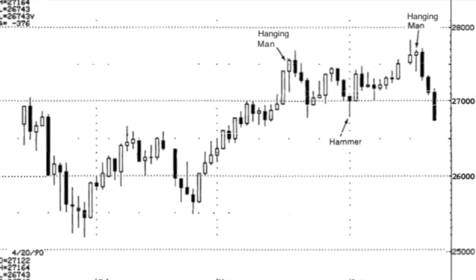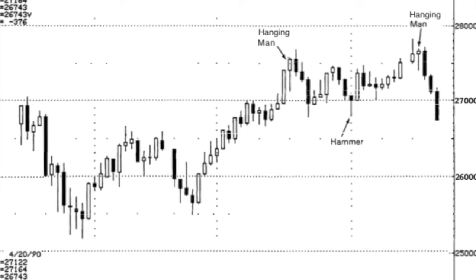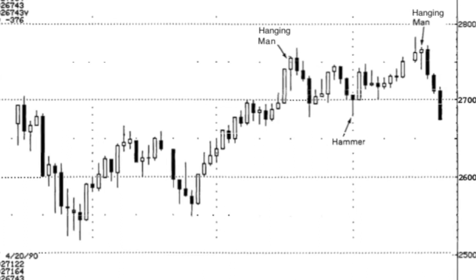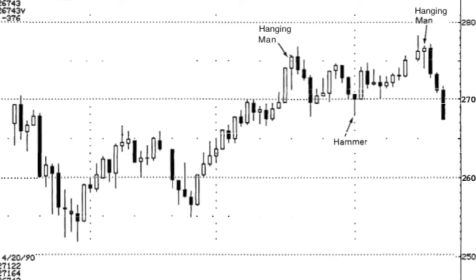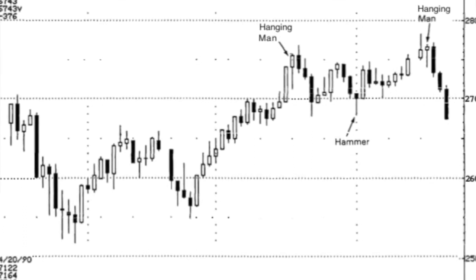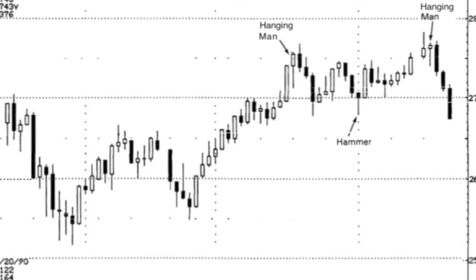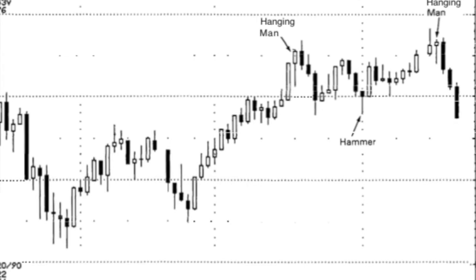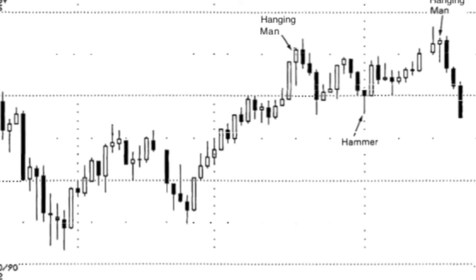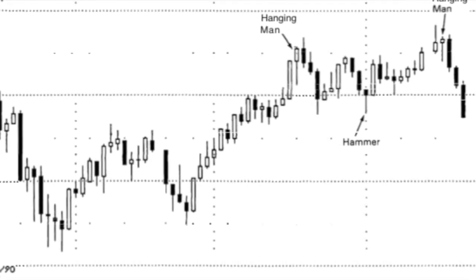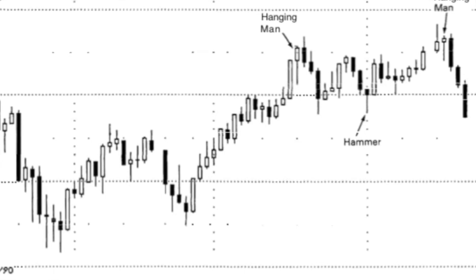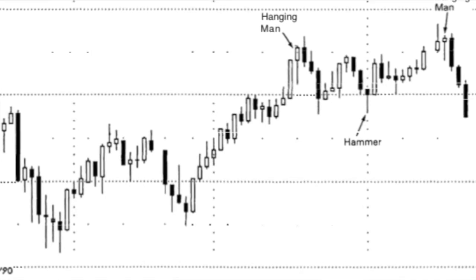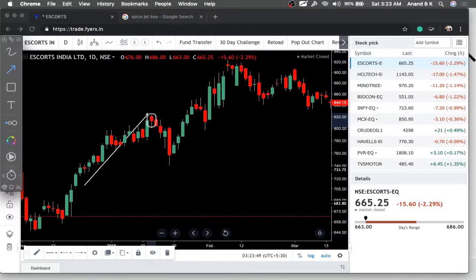One of the very interesting things here is that both of them are some type of candlesticks which look very similar, but they mean completely different in terms of their action, what happens. So hammer and hanging man can be recognized by three criteria as per Steve in the book he has written.